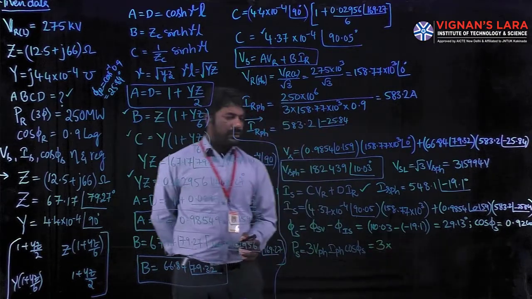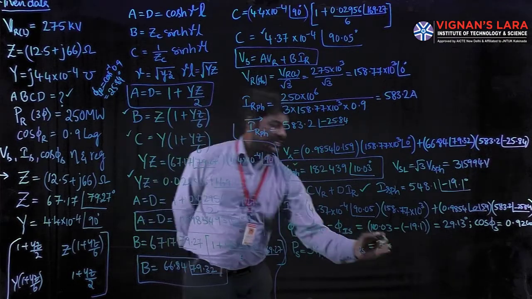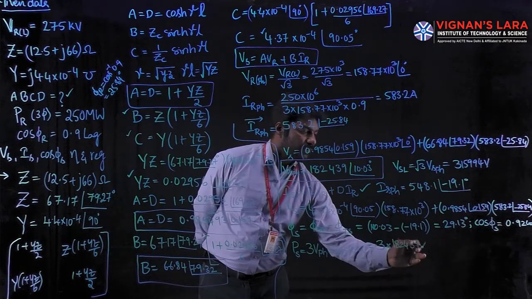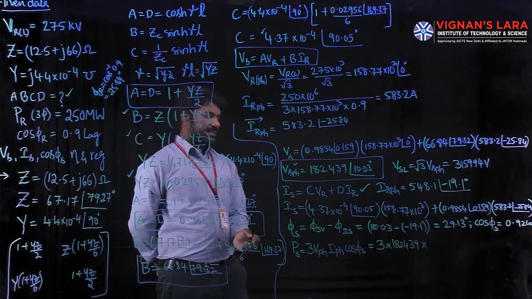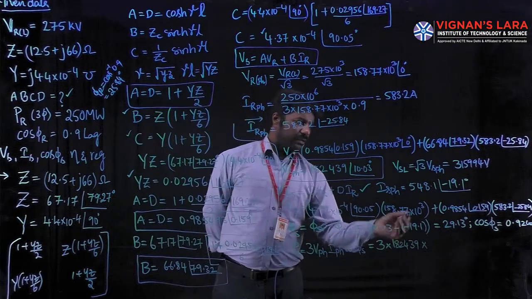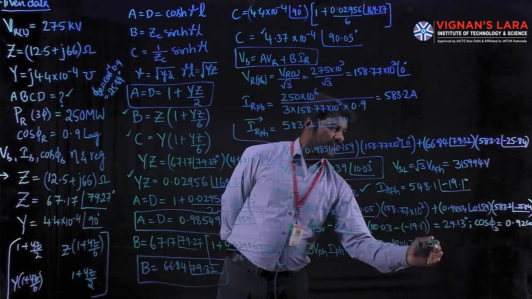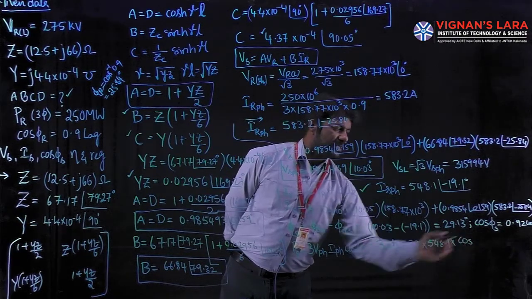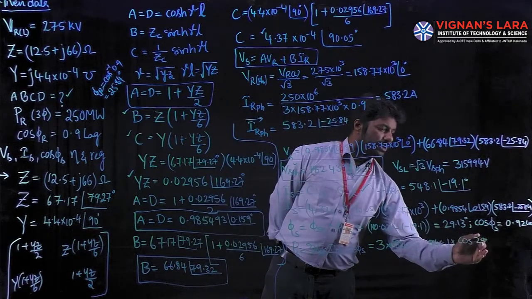3 into V phase of the sending end voltage, how much is it? 182439. This much voltage is injected on the sending end side, with the per phase current whose magnitude is 548.1, multiplied by the power factor, cos of 29.13.